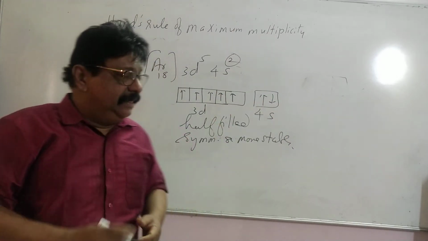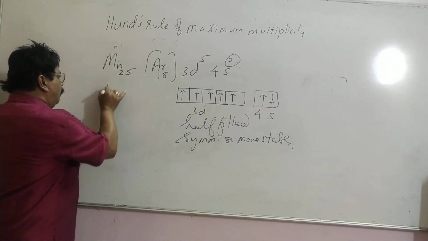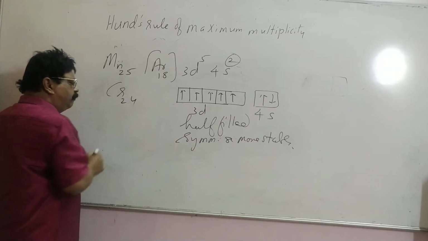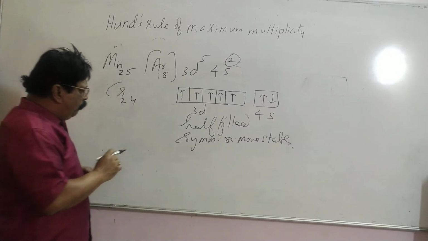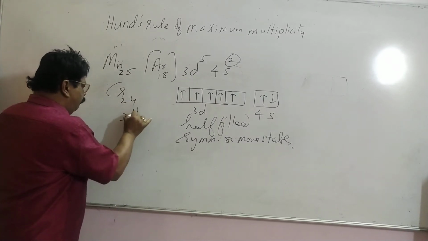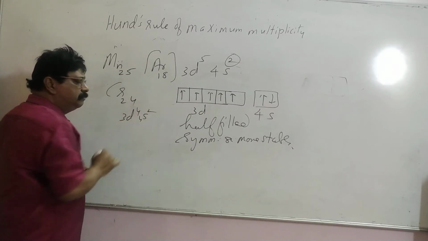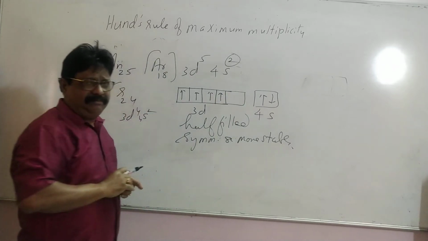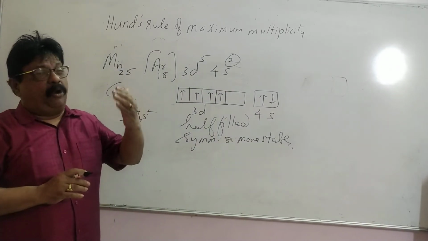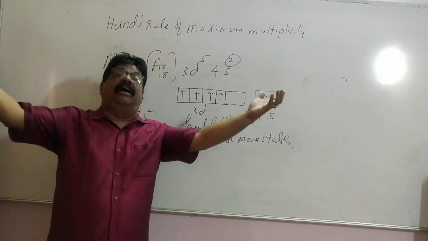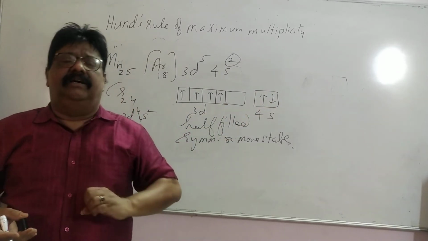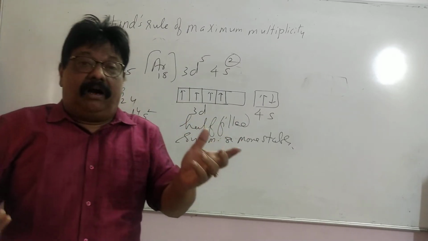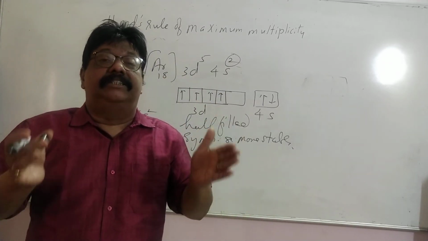If I am taking this example, above manganese we are taking chromium 24. Chromium 24 would be 3d4 4s2, so this electron is one short, isn't it? If one more electron comes to 3d, then 3d will become half filled, and half filled is more stable.